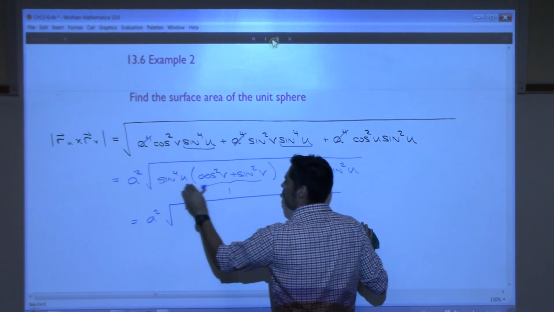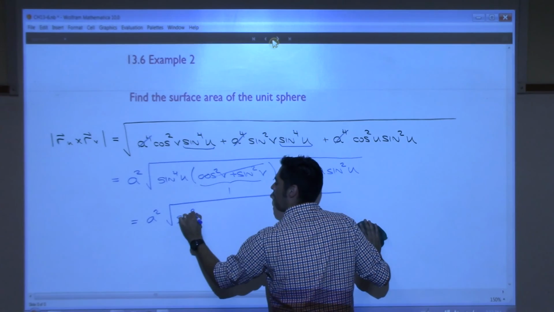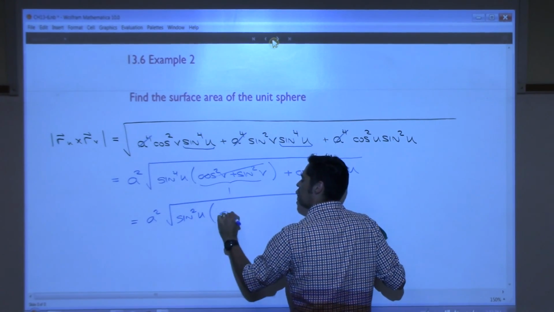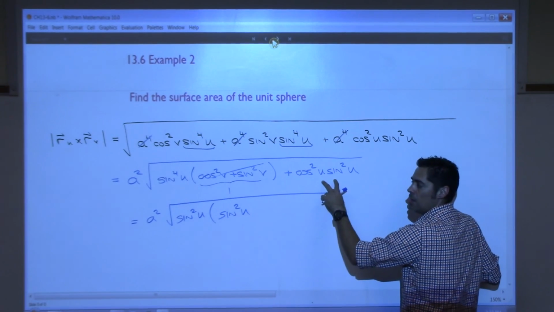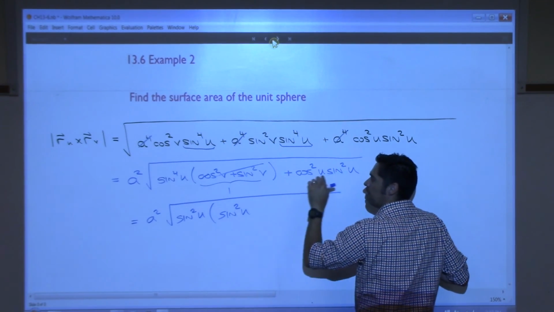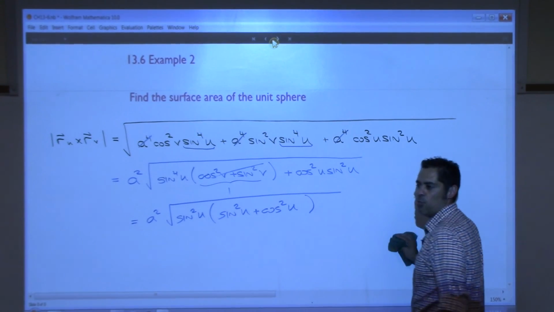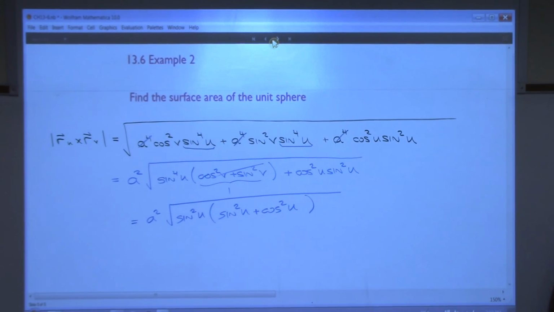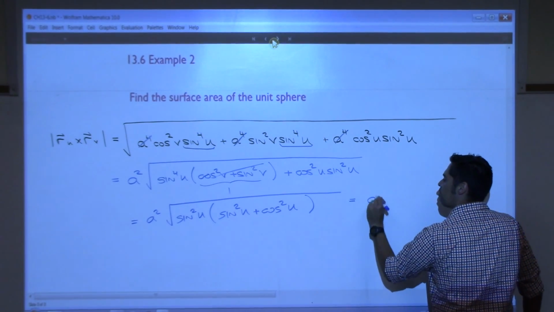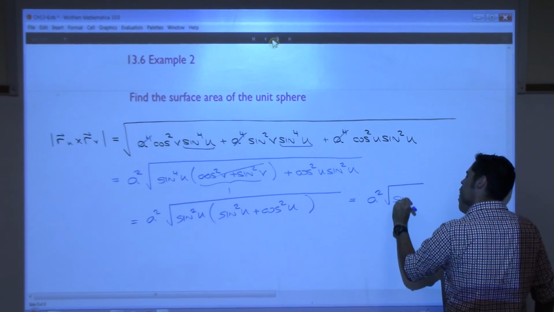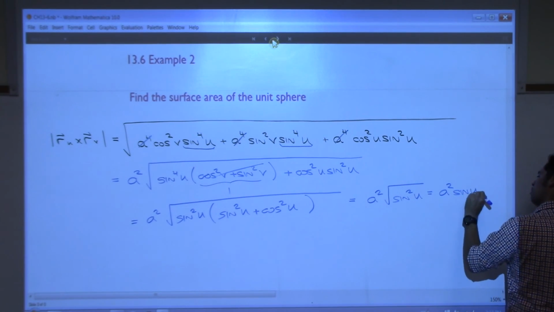Pull out a sine squared u, and you'd be left with sine squared u. So I'm pulling a sine squared out from this and from this. I'll be left with the sine squared here and the cosine squared here, which again becomes a 1, which gives me a squared square root of sine squared u, which is going to be a squared sine u.